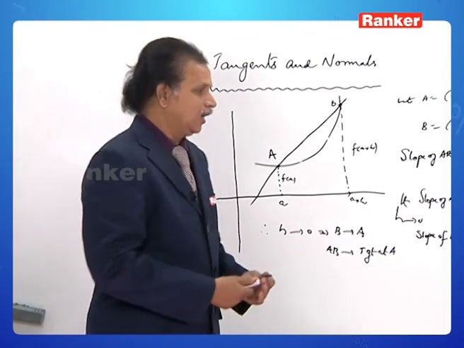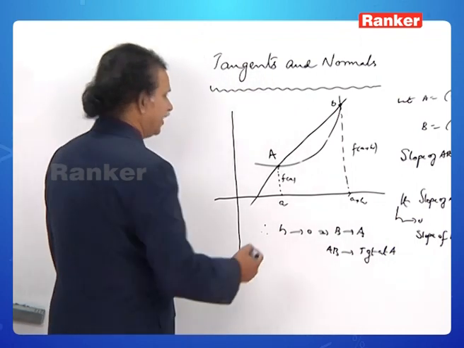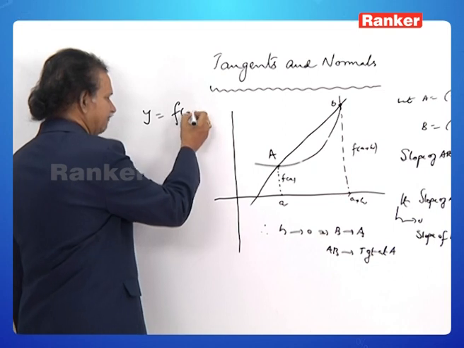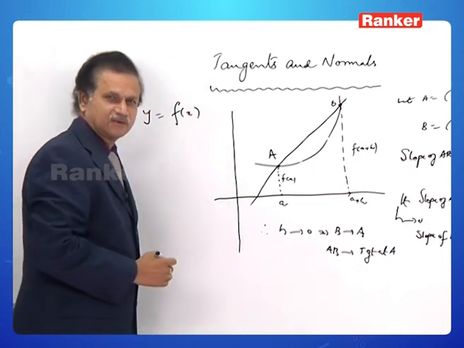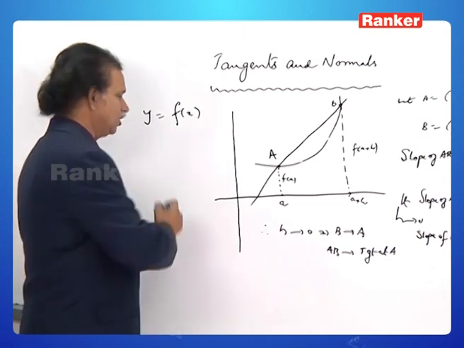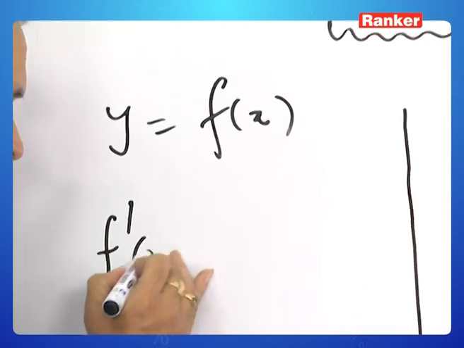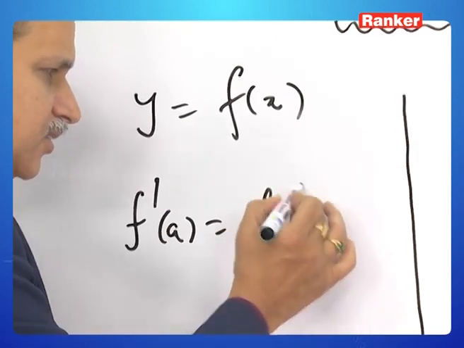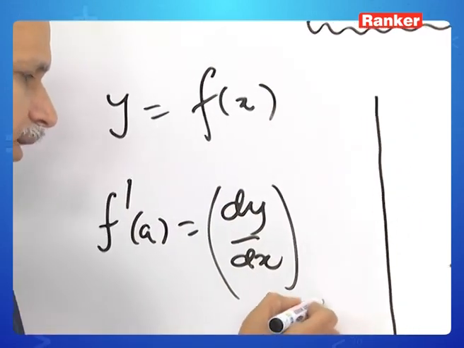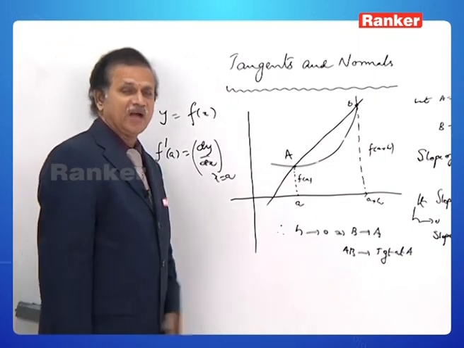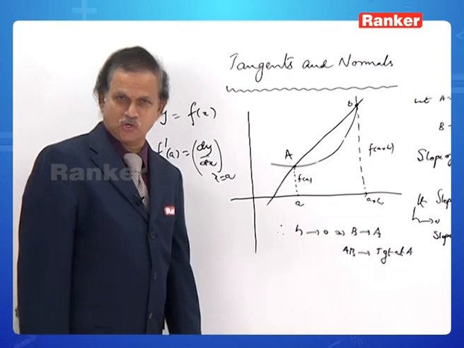Like that. Okay. Therefore, in our formal way, if you write y equals f(x), actually what is f'(x)? dy/dx. What do you mean by f'(a)? dy/dx at x equal to a, and y will be accordingly f(a), of course.